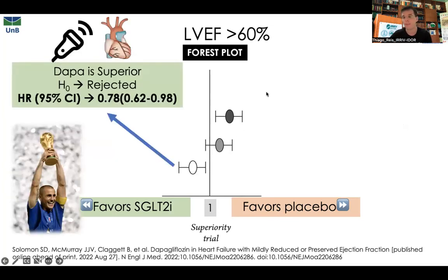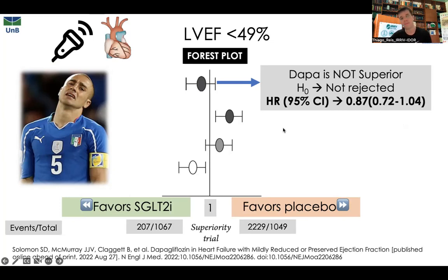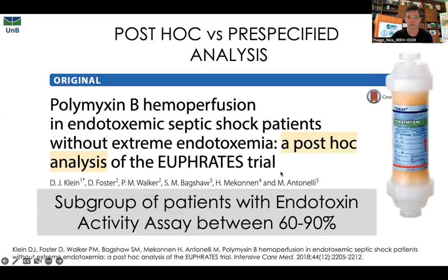Concerning, for example, patients with ejection fraction above 60%, Dapa was superior, but in patients with ejection fraction below 49%, Dapa was not superior. But again, we cannot conclude based on results of subgroup analysis.